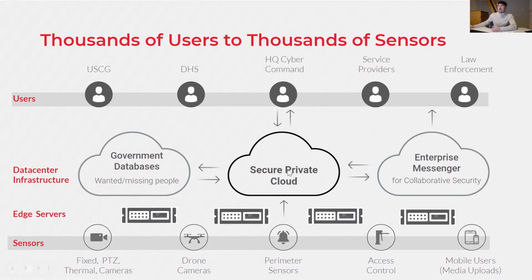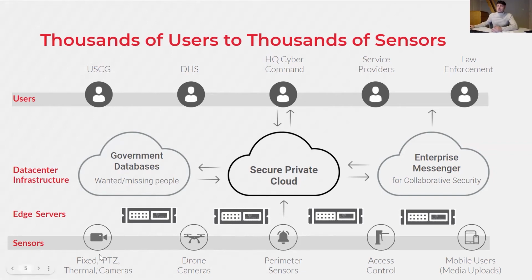You're taking the stream to a secure private cloud. All the streams from these devices come into this secure private cloud, where they are compared with the databases which have been preloaded by the government, or the specific user.